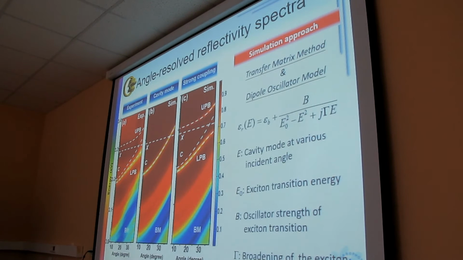So this is the reflectivity spectra of our structure, and by using the transfer matrix method plus the dipole oscillation model, we can say that our experiment coincides with our simulation, and that our structure is under the strong coupling region.